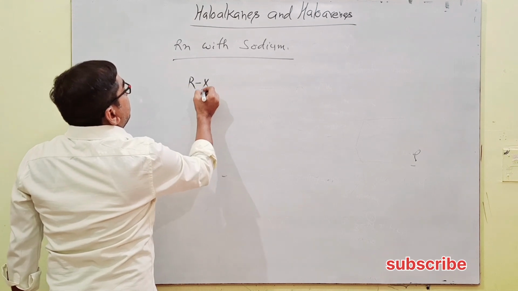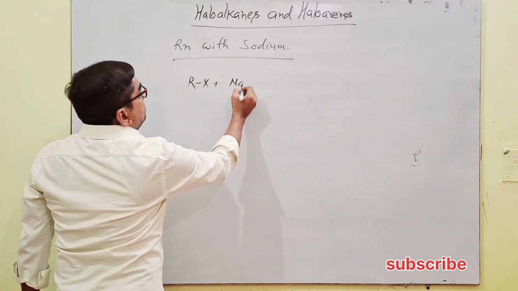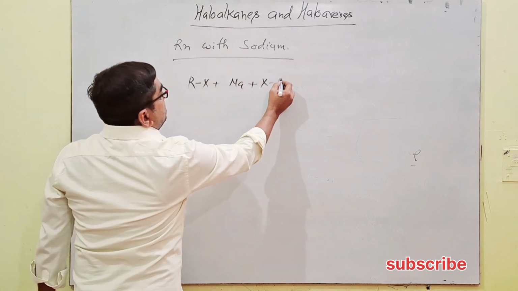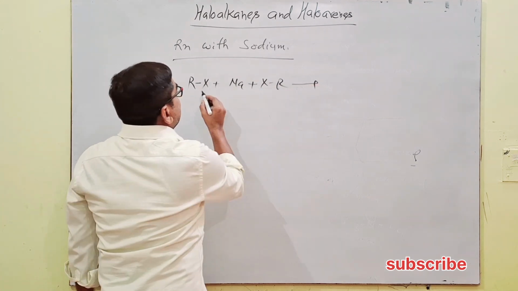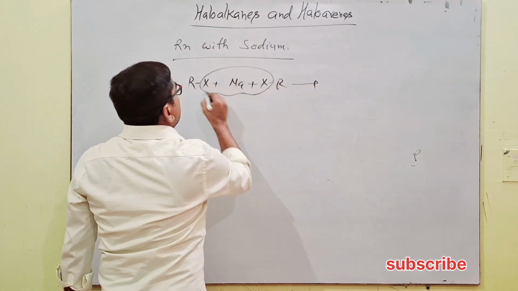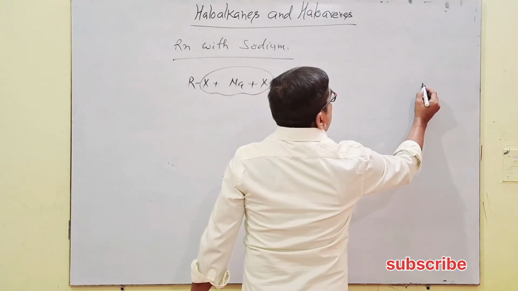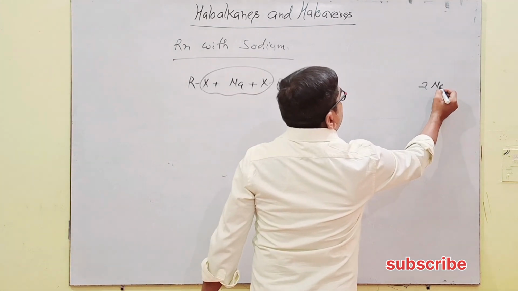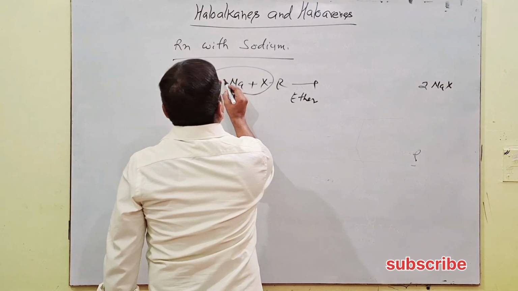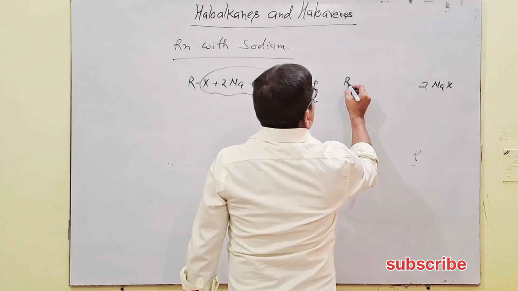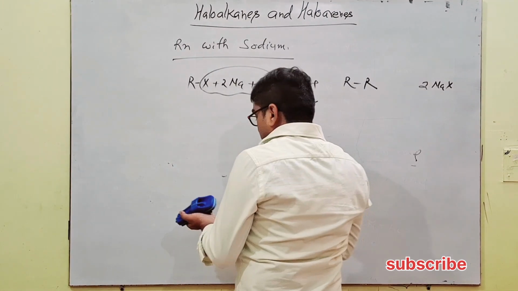RX reacts with sodium. Two molecules of alkyl halides in ether medium, elimination of 2 NaX, formation of R single bond R.